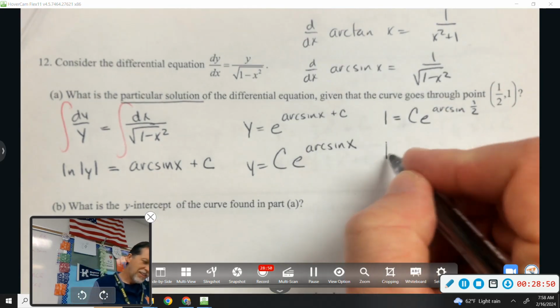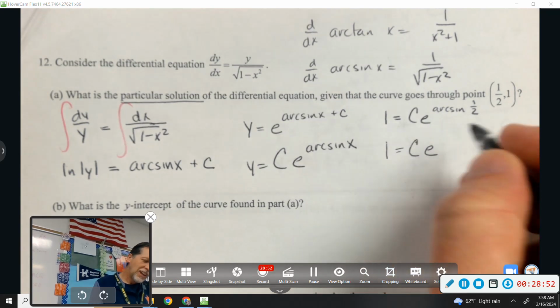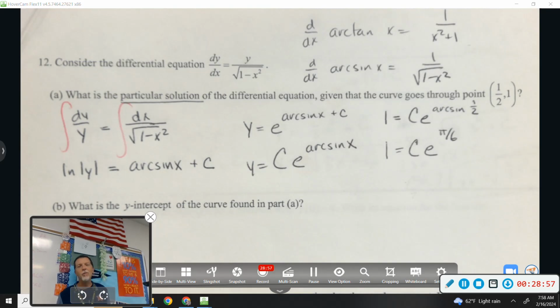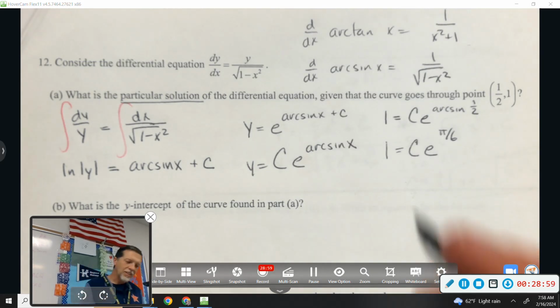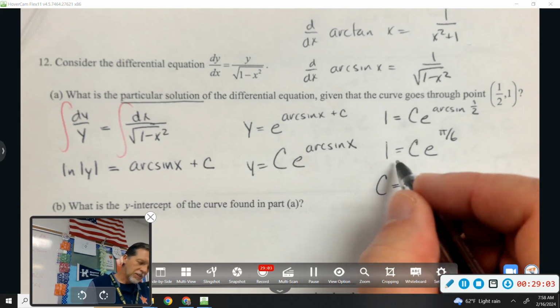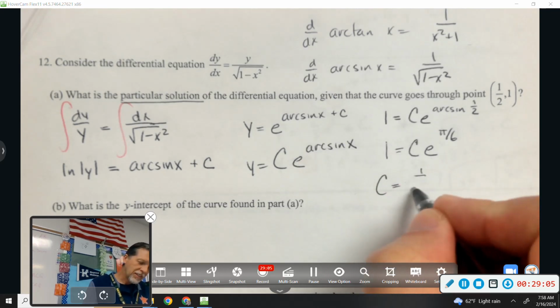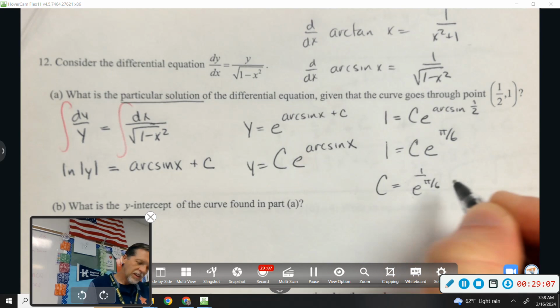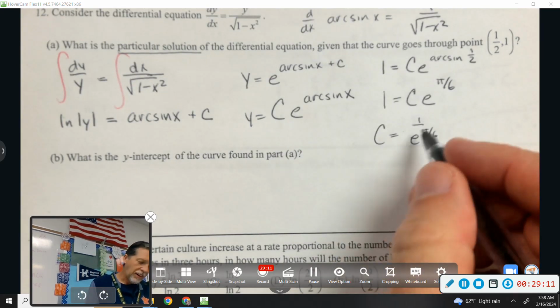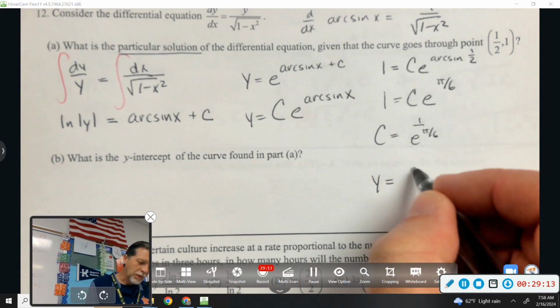So 1 equals c e to the pi over 6. What a wacky problem this is turning into. So c is divide both sides by e to the pi over 6. Alright, well I guess that's not great, but whatever, it's an answer.